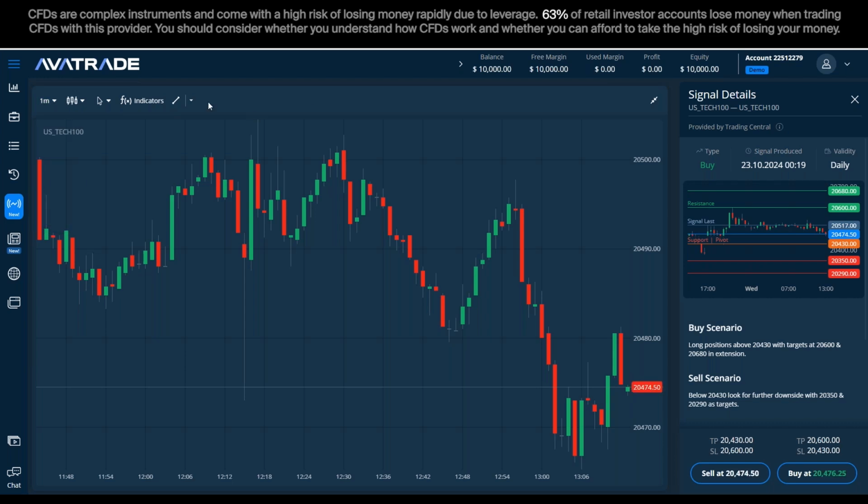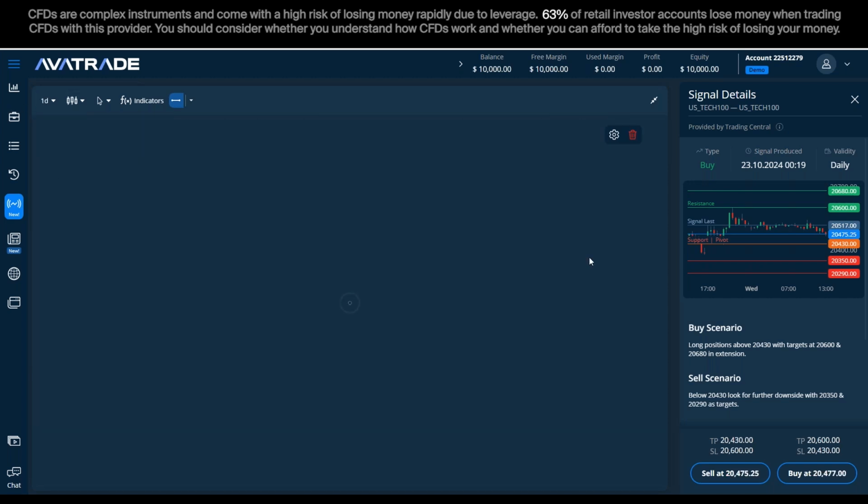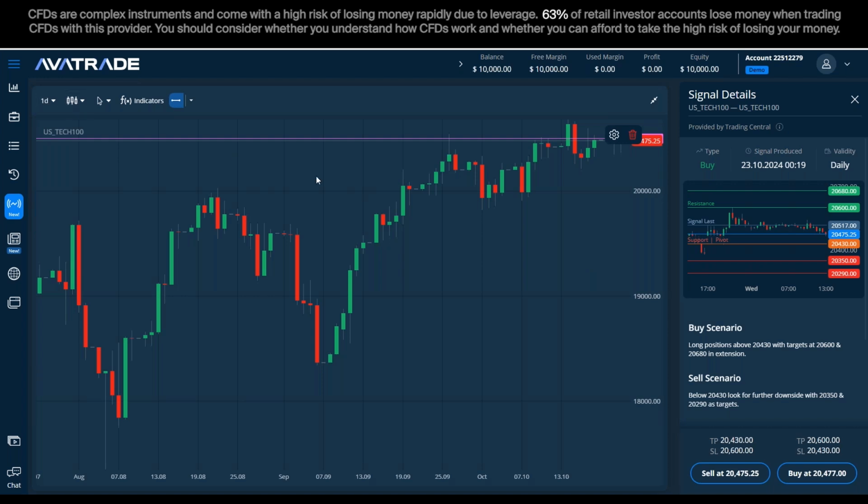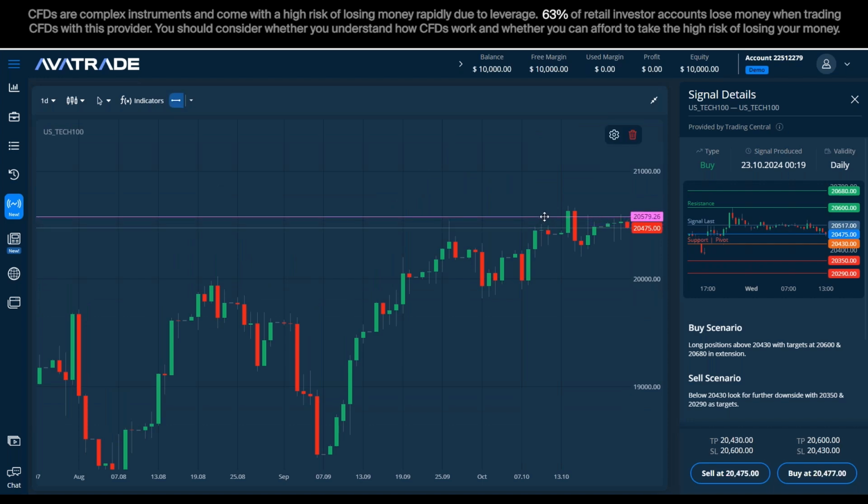So if, for instance, I want to see 20,680 and I try to pinpoint that on the chart, it's a little too far away, right? If I match the validity to days, like I did, and I'm looking at days, then it makes much more sense, and I can see the level mentioned on the signal. 680, as you can see, now we get to the level.